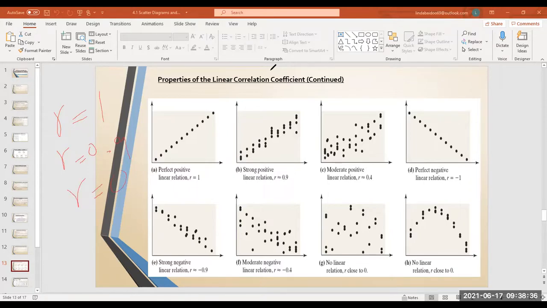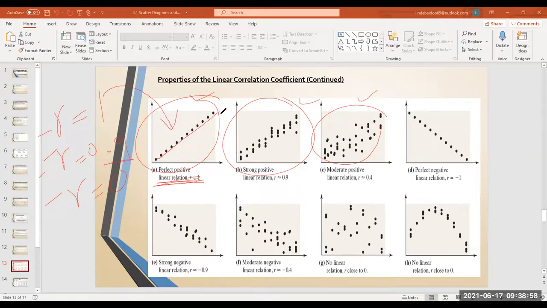So assuming these are positive, let's use the positive one. Assuming you have been given these diagrams, and you have these values written somewhere separately, you are asked to match them. Because you see that this is perfect, you match this with this, because perfect correlation.